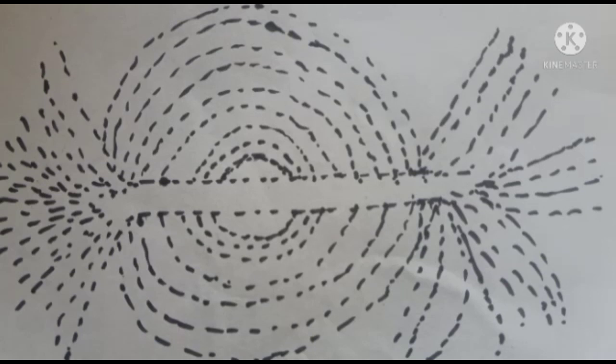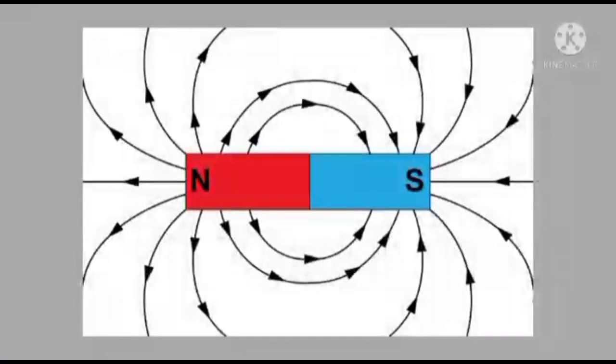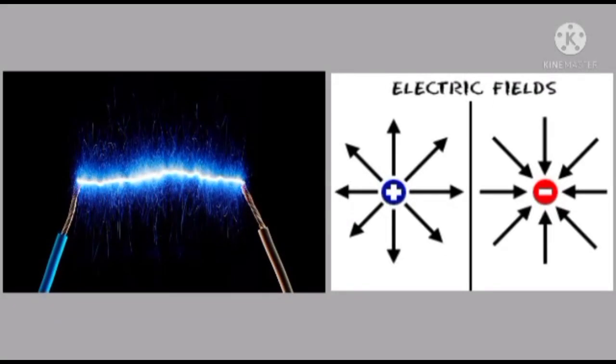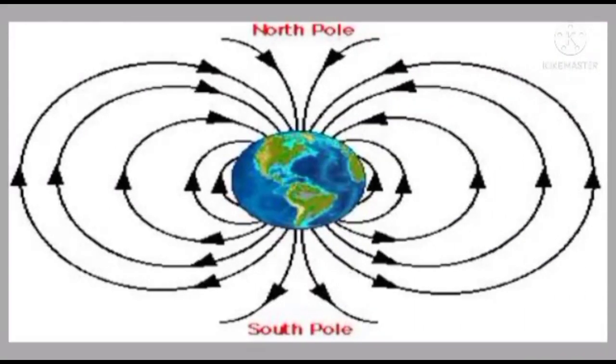A body creates a field and another body experiences the force by the field when it is placed in that field. For example, a magnetic field surrounds a magnet, an electric field surrounds electric charges, and a gravitational field surrounds masses.